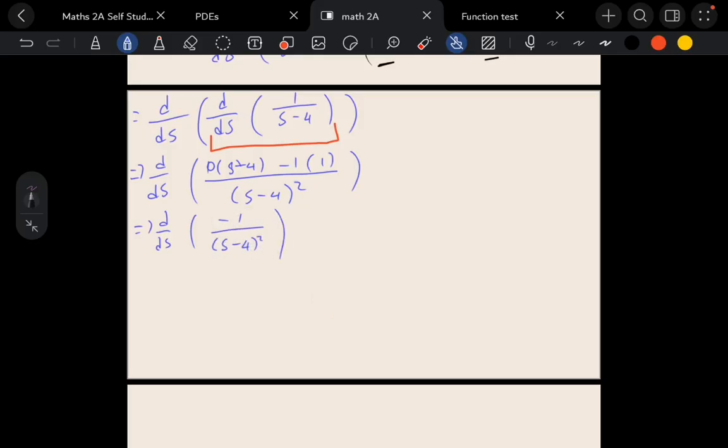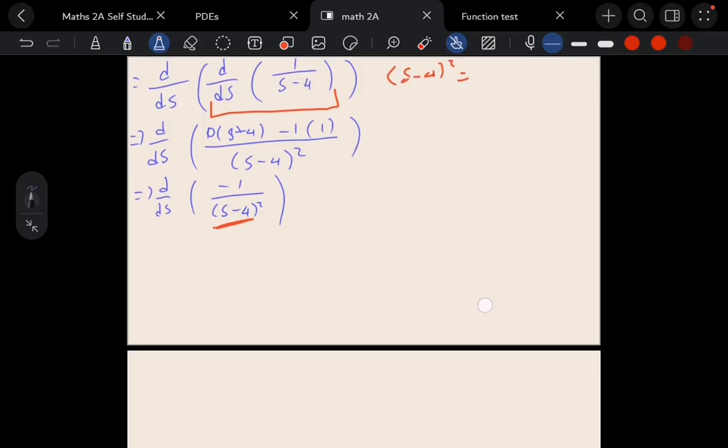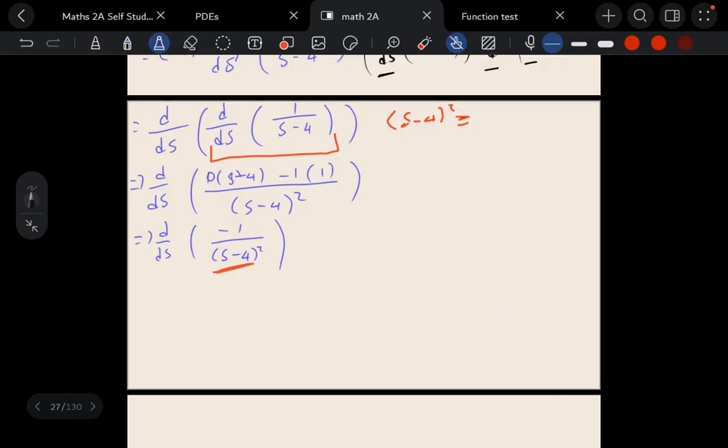Now we need to derive this again. Because now we have it squared, we need to simplify that bracket aside. So let us do that. S minus 4 all squared is s squared minus 8s plus 16.